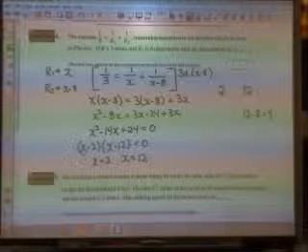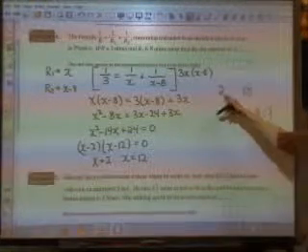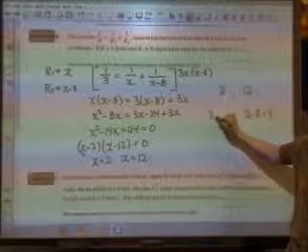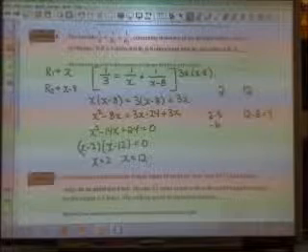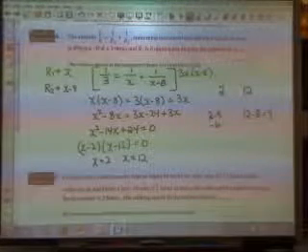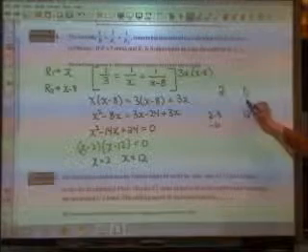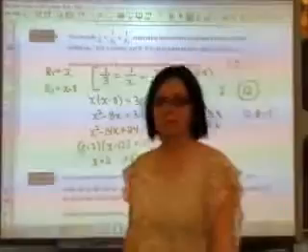Because when I put it into R2, I get a value. I get 4 ohms. If I put 2 into R2, I get 2 minus 8, which is negative 6. I can't have a negative ohm value. Either I have an ohm or I don't. So R1 has to be equal to 12.